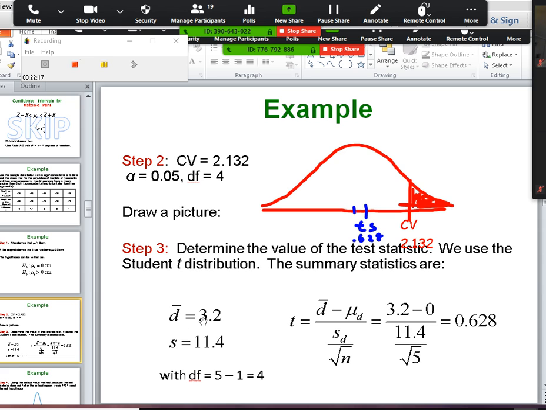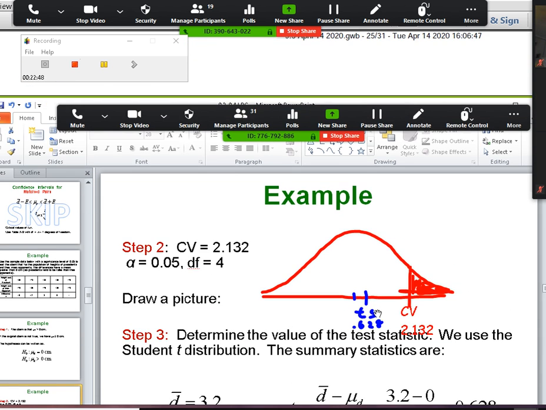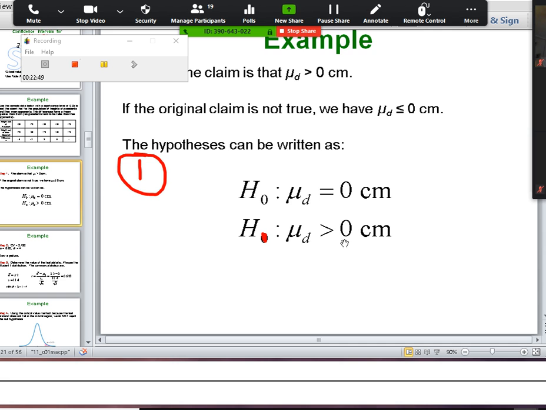And then step 3, find the test stat. My D bar, again, was 3.2. My S was 11.4. So 3.2 minus the mu from my claim. Remember, this D bar, 3.2, is what you got from your sample. The mu is always what you get in your claim. My claim was 0, equal to 0, greater than 0.